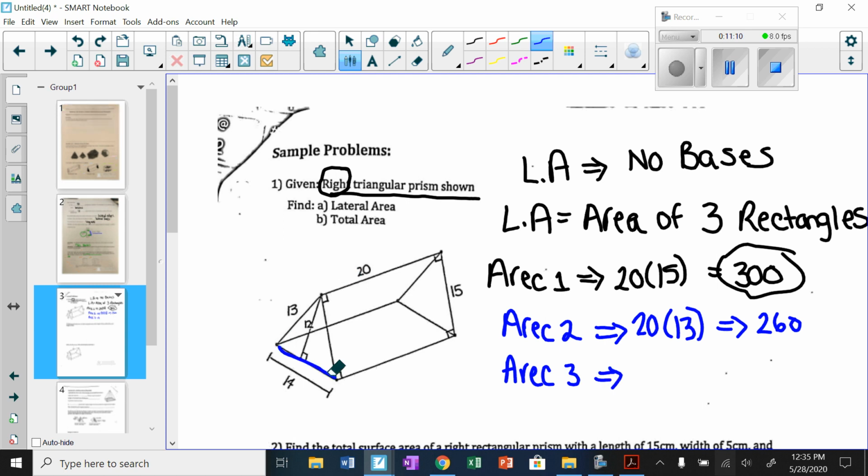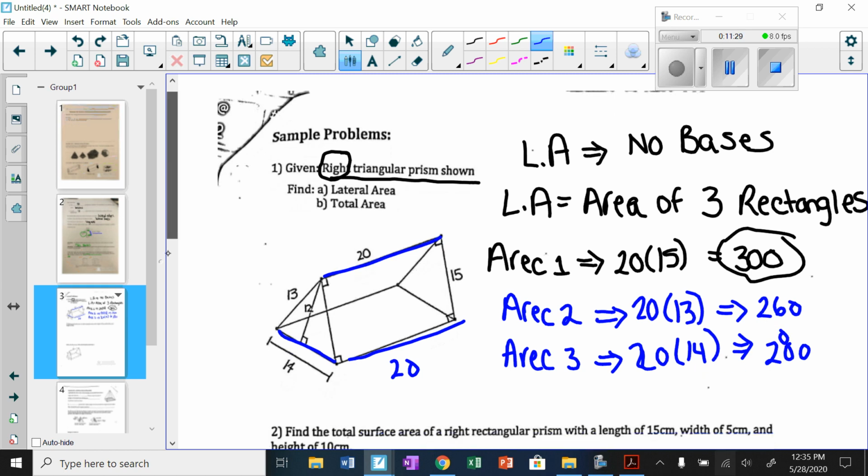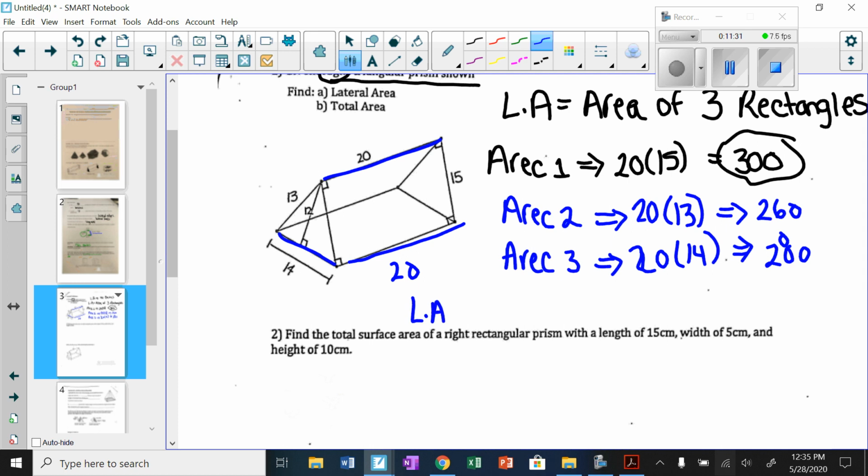We know the height is 14 and the base is 20, the same as here. So 20 times 14 is 280. Now the lateral area is everything added together: 300 plus 260 plus 280. So the lateral area is 840 units squared.